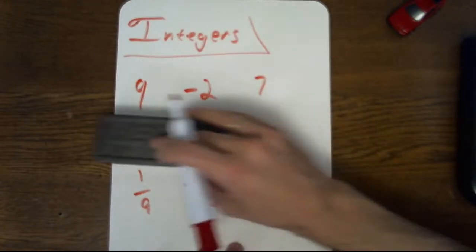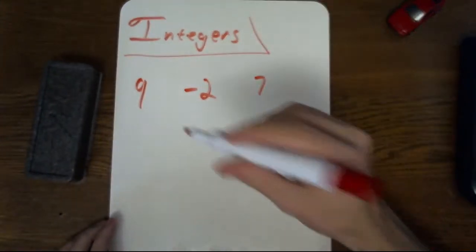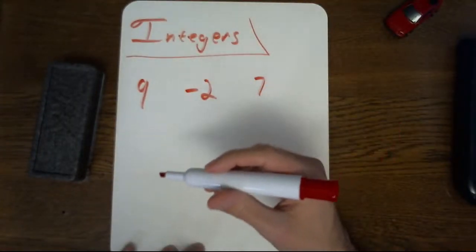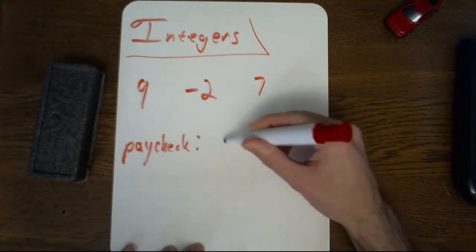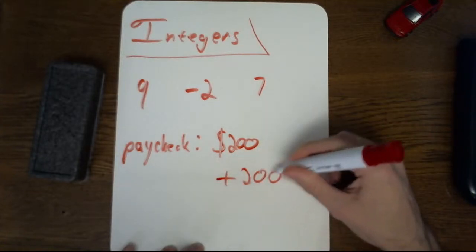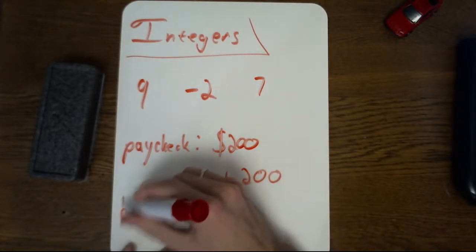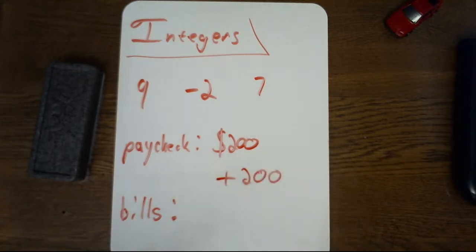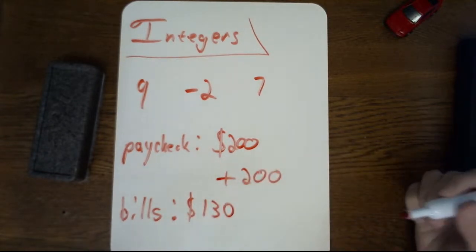So then the question is, how do you translate when a number is positive and when a number is negative? So I always relate it to money. If you got that paycheck at the end of the week and that was $200, I would consider that a positive 200, because that's 200 in your account. But let's say your bills only go up to 130 or something like that.